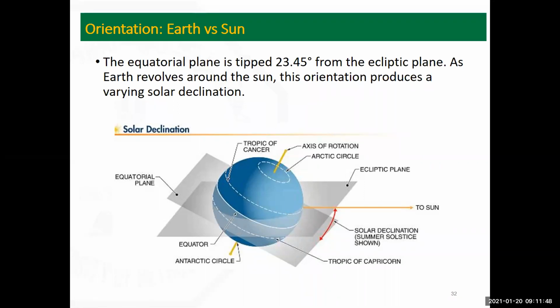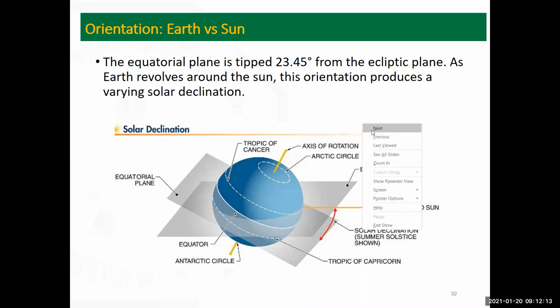We use the expressions summer solstice or winter solstice, where the values are given as 23.45 or -23.45. And this value changes when we come to the spring or the autumn, which we refer to as the equinox. So this is the source of the angles that we are going to see in our next slides.